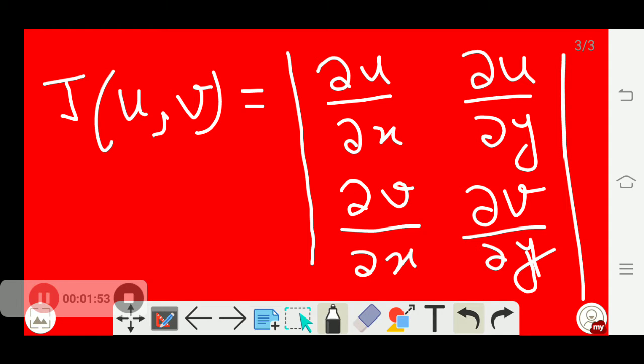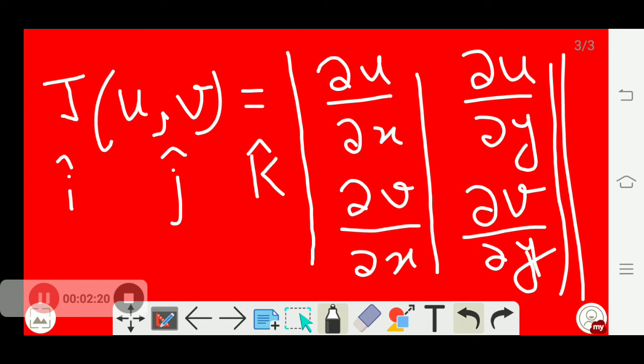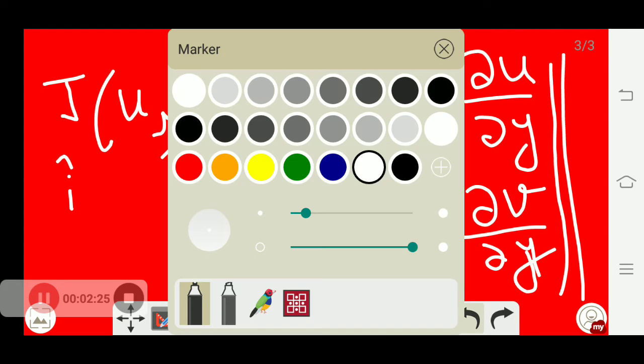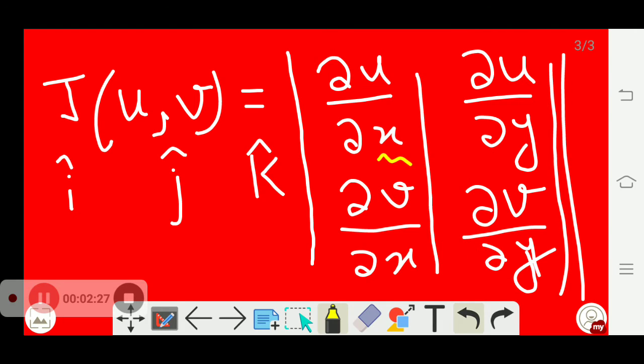Okay, so how can you remember this? Actually I got very confused in the beginning about how to remember this thing. There is a trick. When we write any determinant, suppose i, j, k in this way, this is for i, this is for j. What is i? The unit vector along the x-axis. So this is x, this is x.